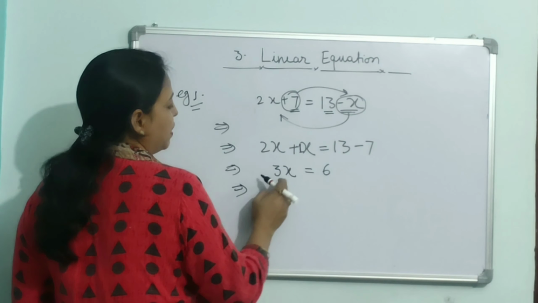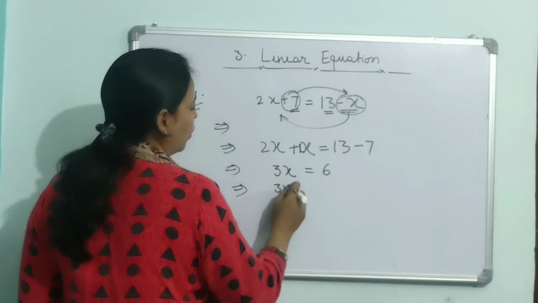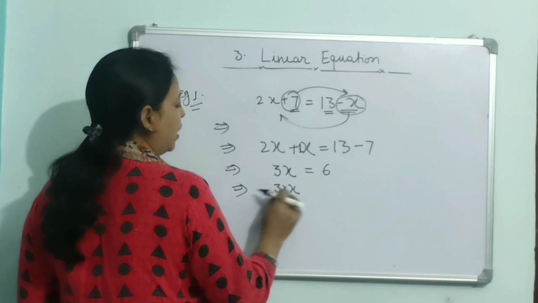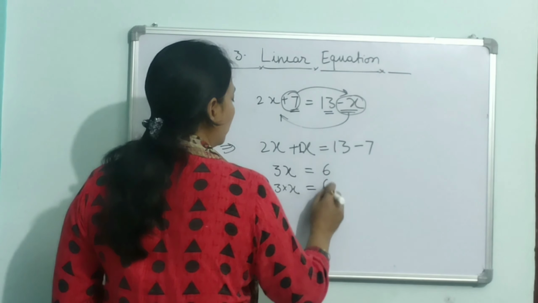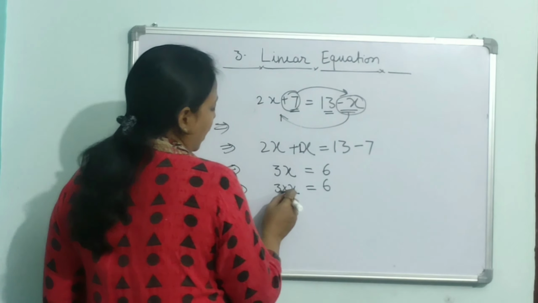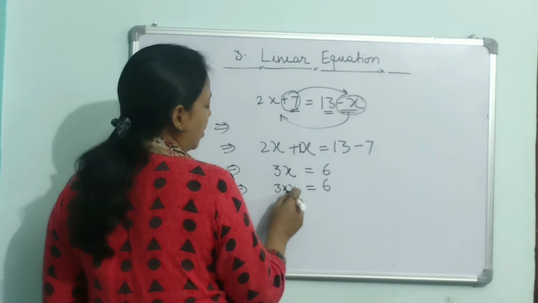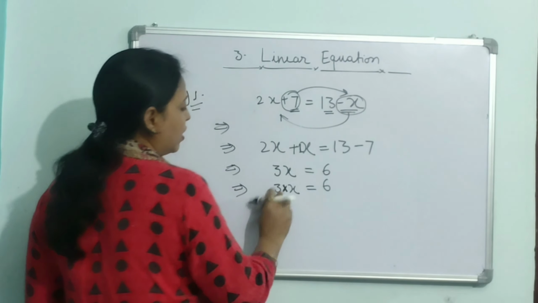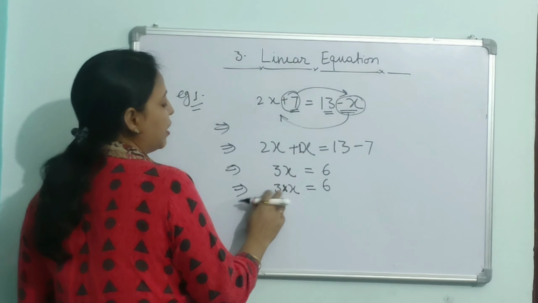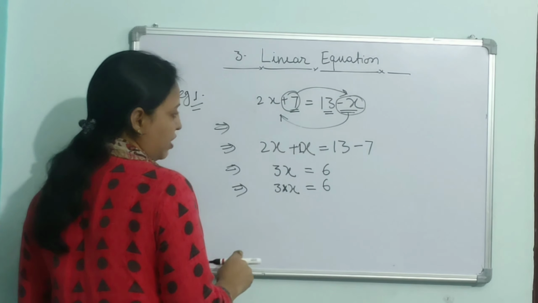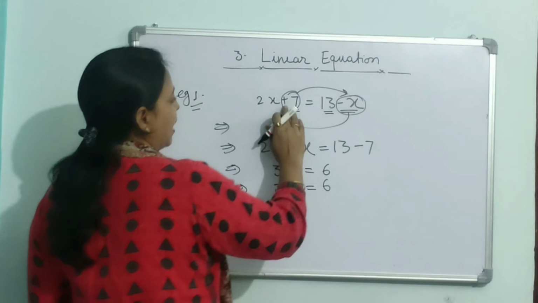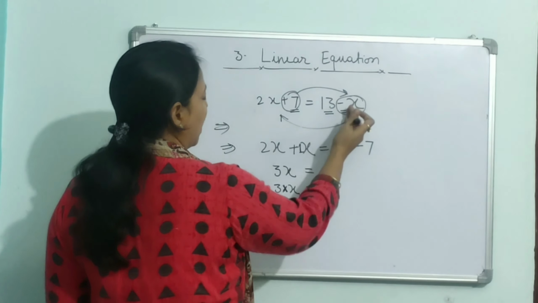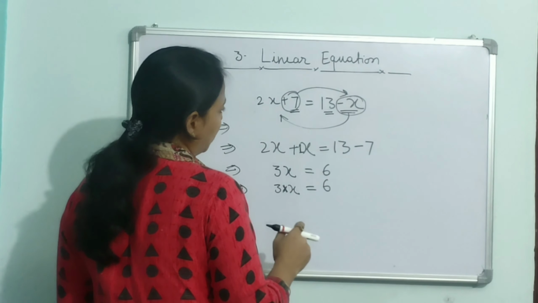Now 3x means it is 3 into x. 3x means 3 into x is equal to 6. So here, if it is in multiplication and you are shifting it to the other side, this multiplication will convert into division. Like here plus is changing into minus, minus you shift to the other side, then it becomes plus.